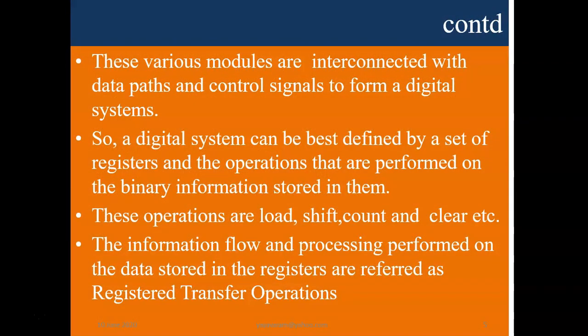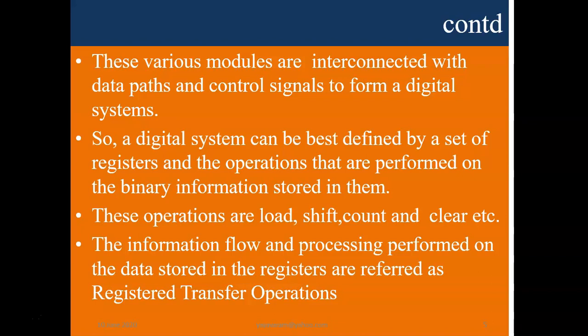In a complex system, there are many subsystems or modules, and these modules must be interconnected with data paths and control signals to form a complete digital system. So a complex digital system is nothing but a large number of modules interconnected with data paths and a control unit which generates the necessary control signals.